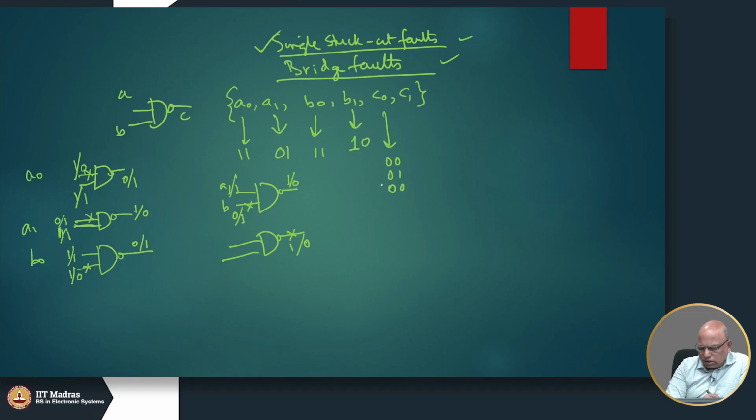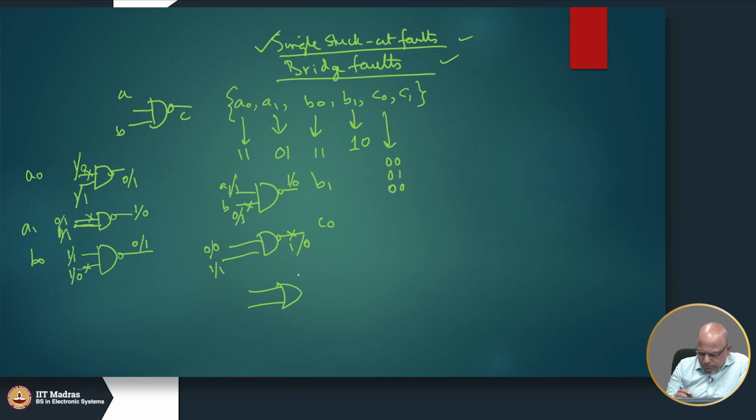All three are okay. So if I apply 0 1, both the good and the faulty circuit will have a 0 1. Good circuit will produce a 1, but a faulty circuit will produce a 0. So, here the C0 is what we are looking at. Here it was B1, right.